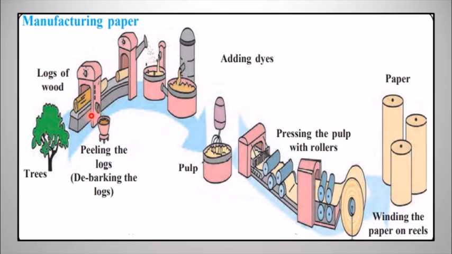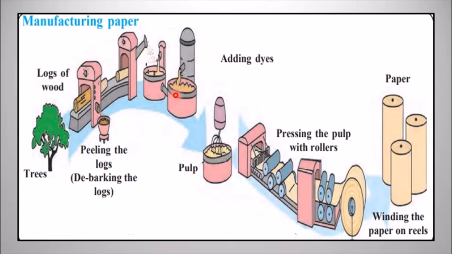Now why is the bark removed? Because the bark is very hard and when making paper, it might interfere with the chemical changes which will be taking place in it. Next, after debarking, the log is reduced into small pieces. Then these pieces are added with some chemicals and dyes and kept for a very long time.